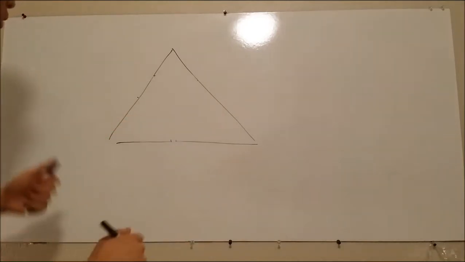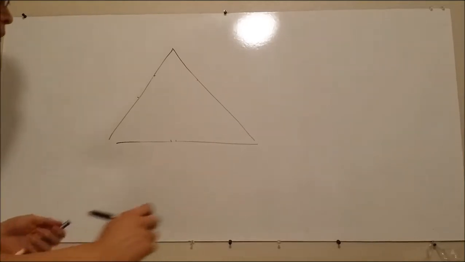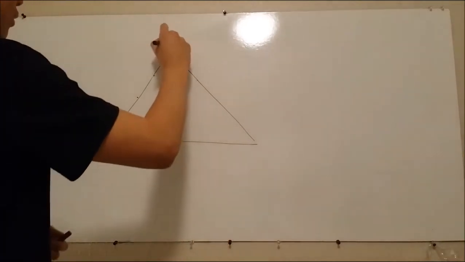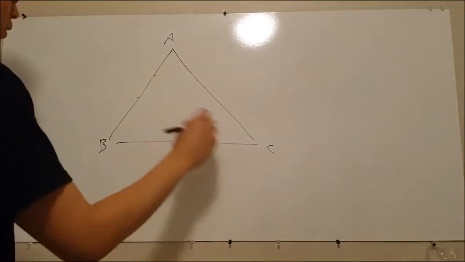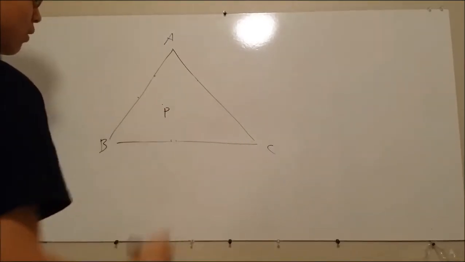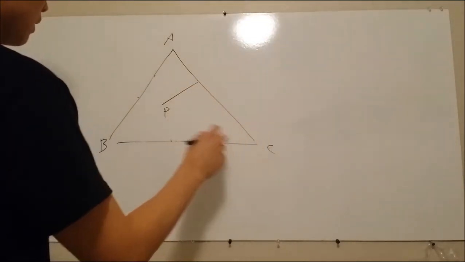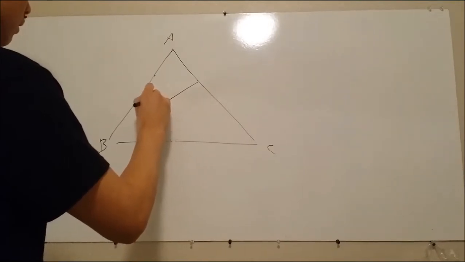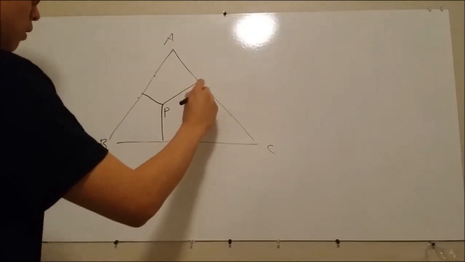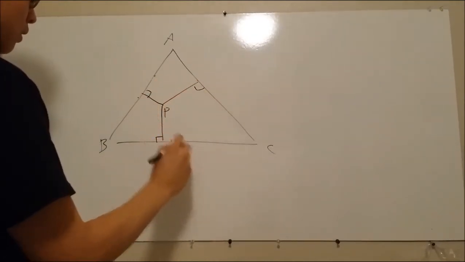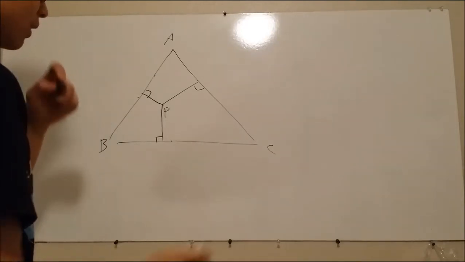And I'll show you. So what does this theorem say formally? Well, it says that on a triangle, you have triangle ABC, pick some point P, okay? And the distance from point P to, say, AC, and distance from P to AB, and distance from P to BC, the sum of those distances is basically invariant.